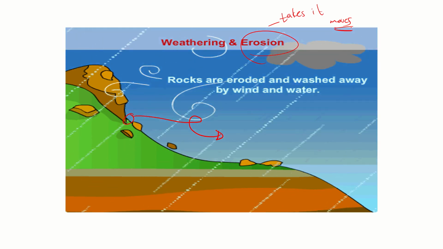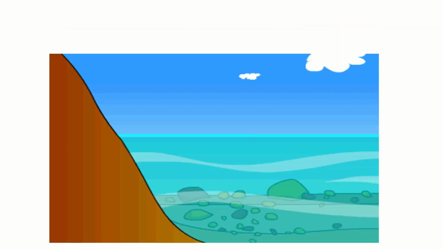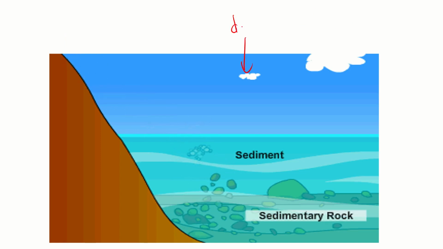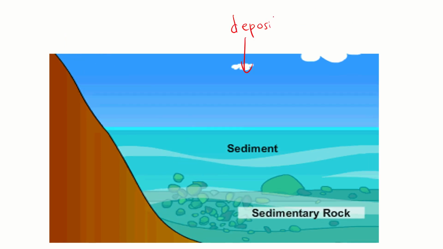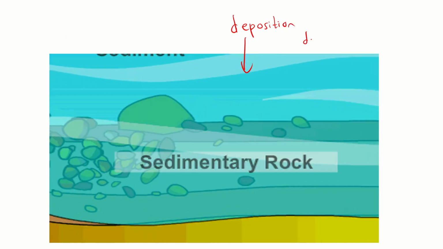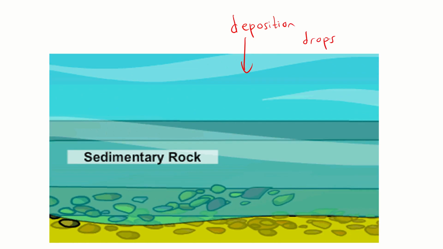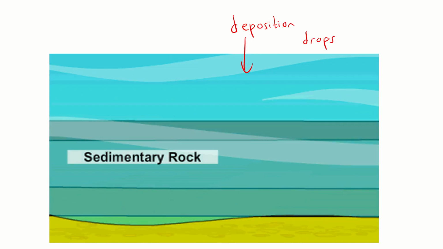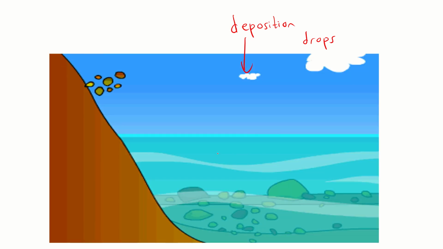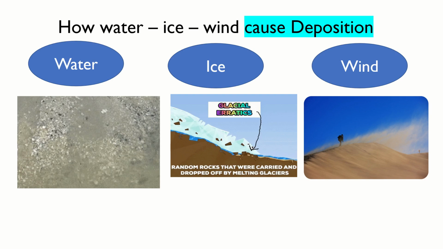After it moves it to a new place, it drops it. And this is called deposition, drops it. So weathering breaks it, erosion takes it, deposition drops it. When it drops it, we can see how our sedimentary rock is made.